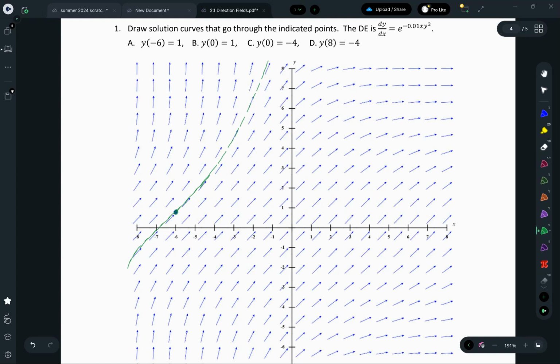Let me label this. This is A. If I go to B, y of 0 is 1. That means when x is 0, y is 1. So that's going on the y-axis, and I'm going to extend from the y-axis. As I come to lineal elements, I'm going to make sure that I don't cross them. I just run parallel to them. So that's going to the right.